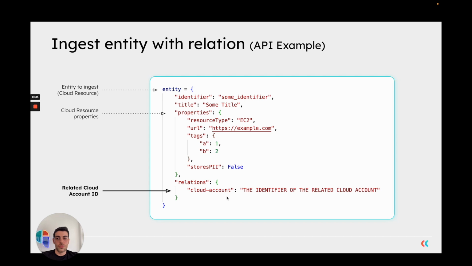So if we go with the previous example, we can see here the cloud account relation. The value of each key in the relations object is the identifier of the entity from the related blueprint. So again, with the previous example, the value for the cloud account key will be the identifier of an entity from the cloud account blueprint.